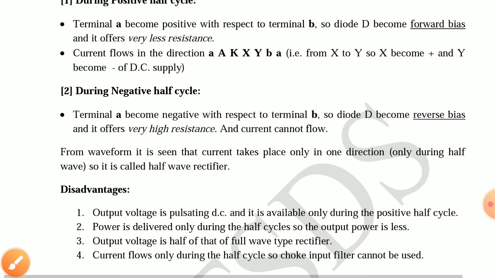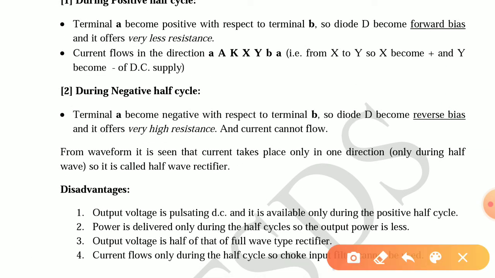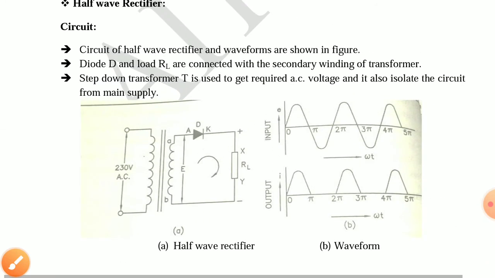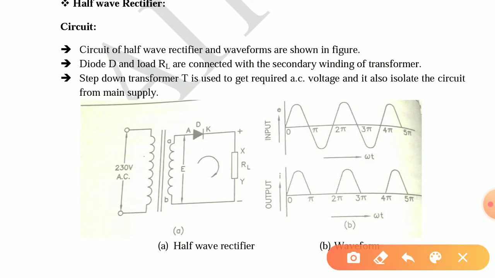In the negative half cycle, terminal A becomes negative with respect to terminal B. So the diode becomes reverse biased and it offers very high resistance. So current cannot flow through the diode. In the diagram, we observe that during the negative half cycle, the output is 0.